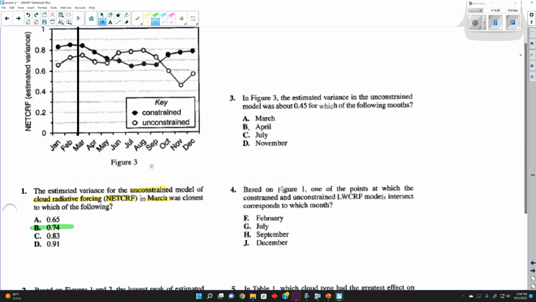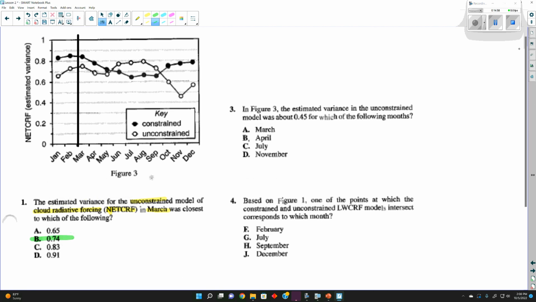In figure 3, the estimated variance in the unconstrained model was about 0.45 for which of the following months? So the only one that's close to 0.5 is, which would be? Based on figure 1, which of the following points at which the constrained and unconstrained LWCRF models intersect corresponds to which month?